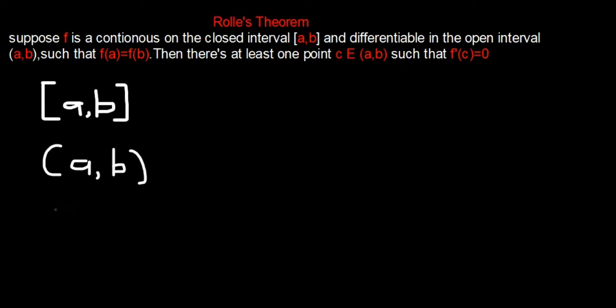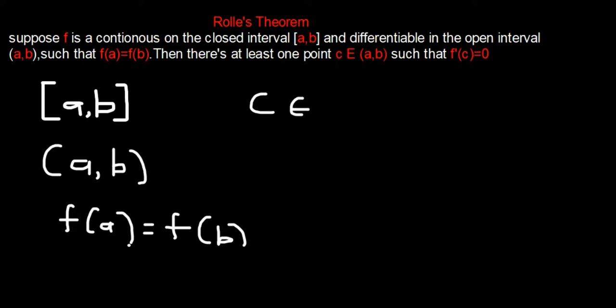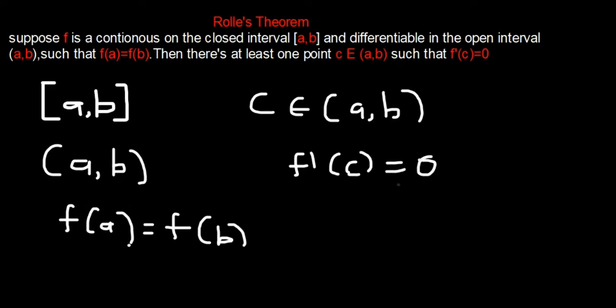And lastly, f(a) should be equal to f(b). So if all these conditions are satisfied, then there should be at least a single point c in the open interval (a, b) such that the derivative of the function at that point c is equal to 0. That's what Rolle's theorem means.